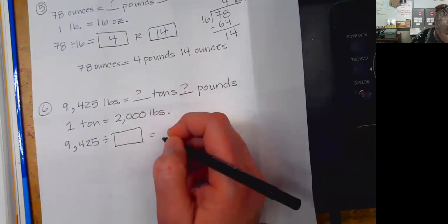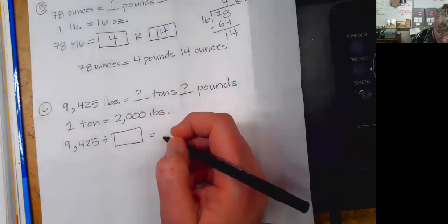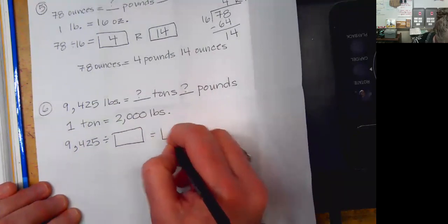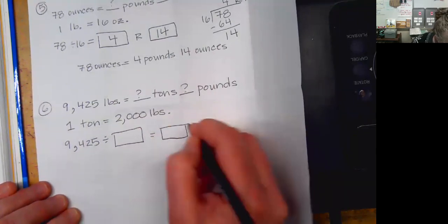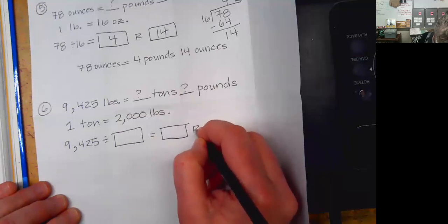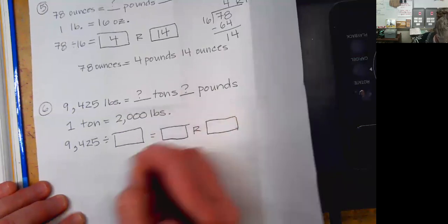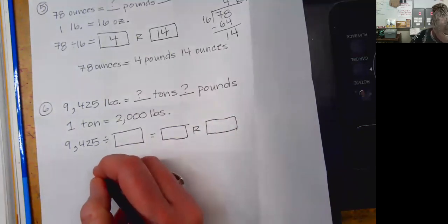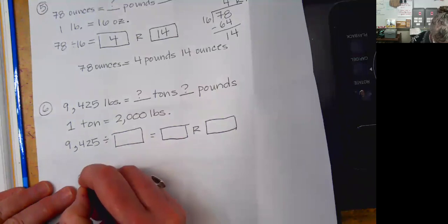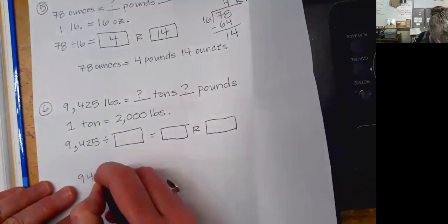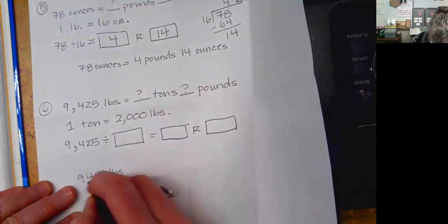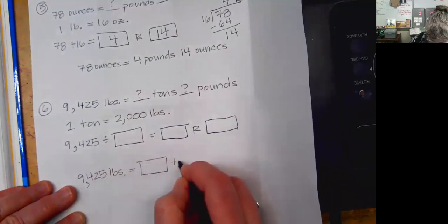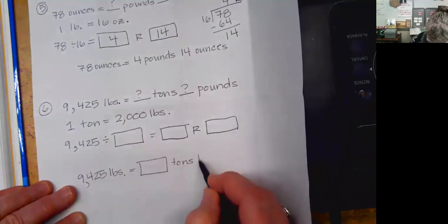And so I'm going to go ahead and divide that. I'm just writing in all the green boxes: equals green box remainder and green box. And then I have my answer down here. So it says 9,425 pounds equals green box tons and green box pounds.